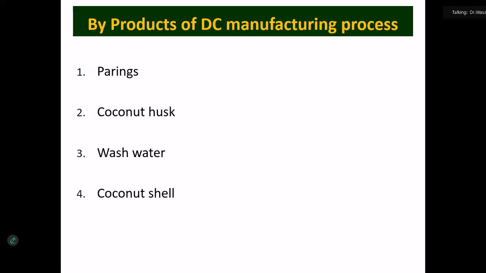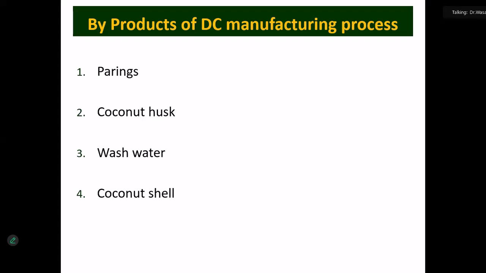Then what are the byproducts of DC? You know what is a byproduct? Main product is DC. Can you remember the 10 steps? First, we remove the husk. So, what is the byproduct? This is the coconut husk.